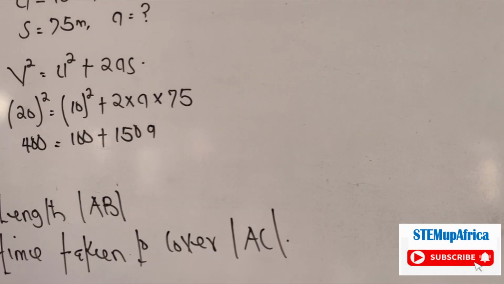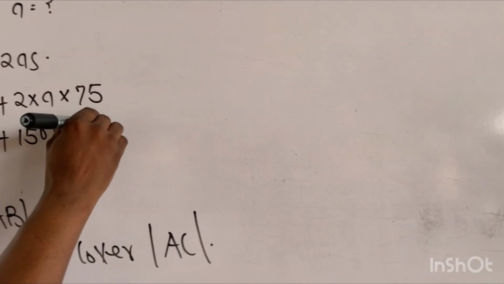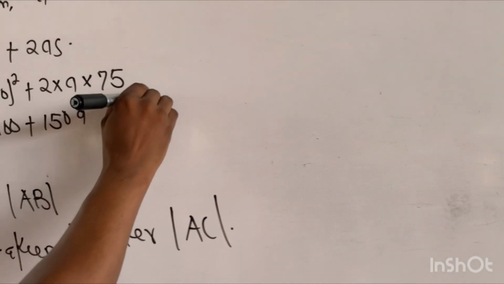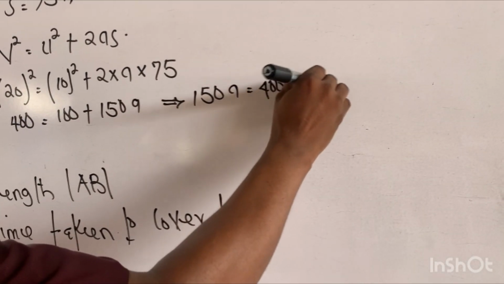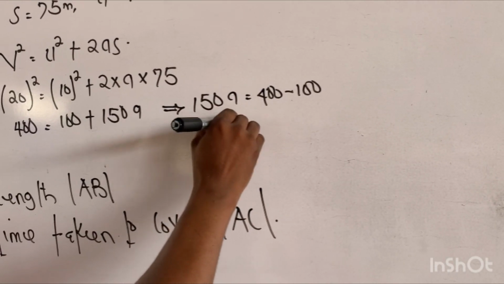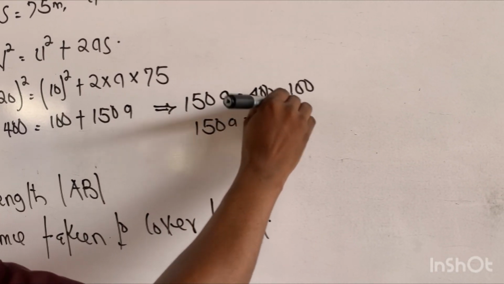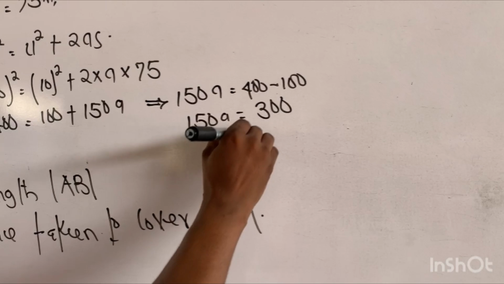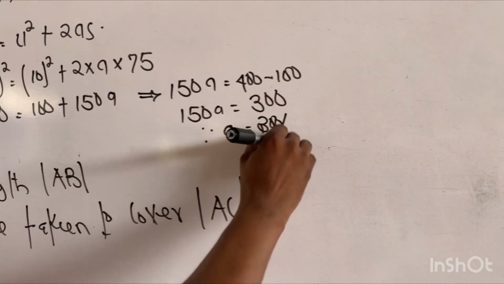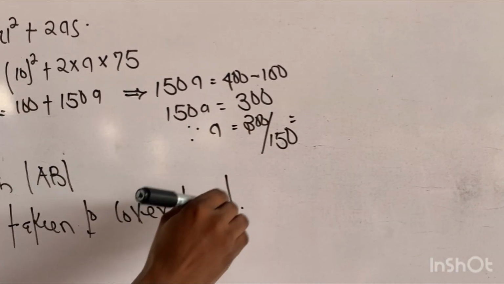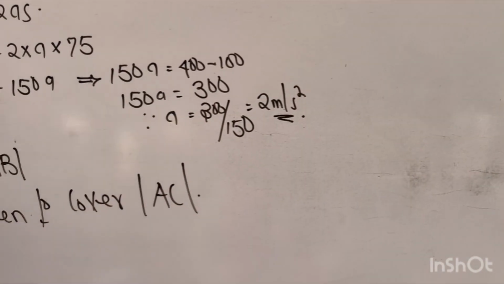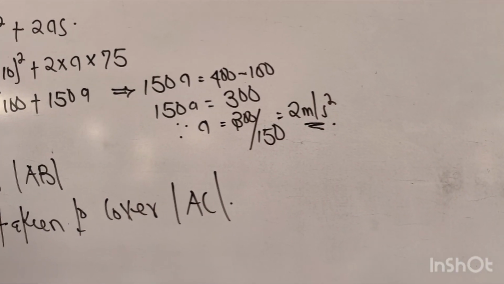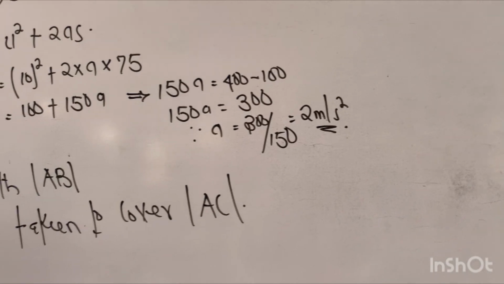To find a, I can collect like terms: 150a equals 400 minus 100, 150a gives us 300. Therefore, a is 300 divided by 150. a gives us 2 meters per second squared. That is the value of the acceleration of the object according to question A.